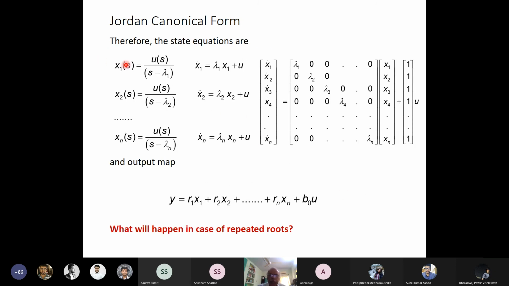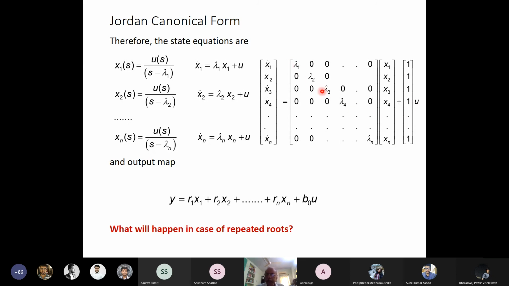Now, once I define these as x1, x2, and xn, writing the state equation is pretty simple. X1(s) is equal to U(s) by s minus lambda 1. So in the state form, it will be x1 dot is equal to lambda 1 x1 plus u. Similarly, x2 dot will be equal to lambda 2 x2 plus u. This will continue till xn dot equals lambda n xn plus u. So I will have the state equation in the vector matrix form as x1 dot, x2 dot, x3 dot, xn dot equals Ax plus Bu.